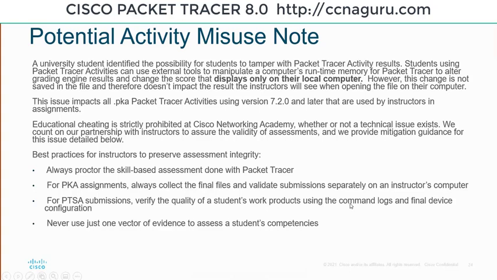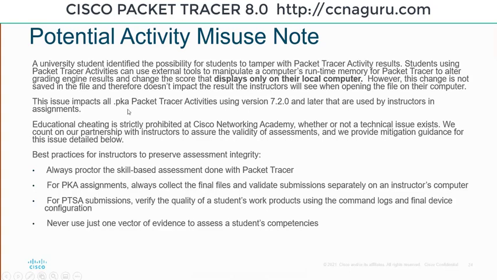In this case, they can achieve the situation when Packet Tracer shows a false grade on the completion range. This score only displays on the student's computer, right? So if the file is saved and then reopened on the instructor computer, the grade will be shown correctly.